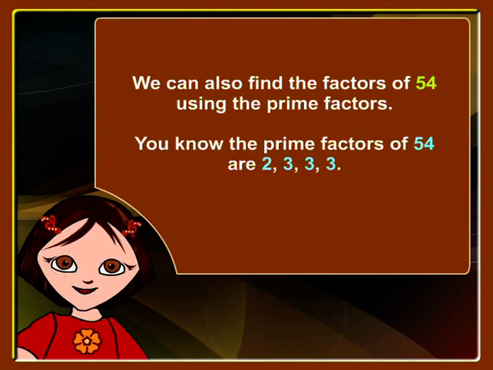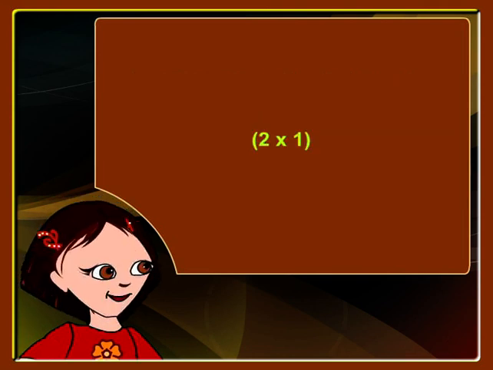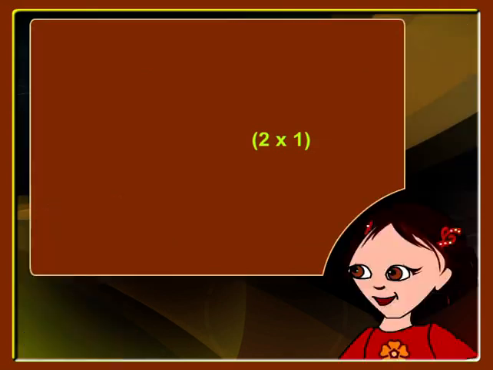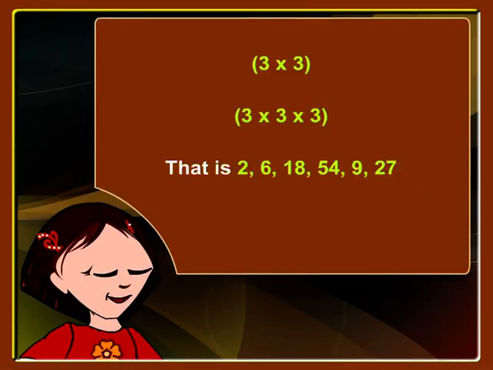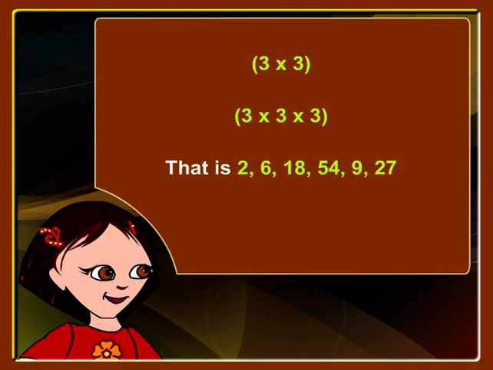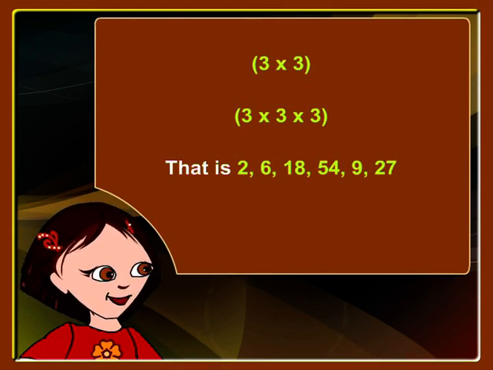We multiply the prime factors amongst themselves in this manner. 2 multiplied by 1, 2 multiplied by 3, 2 multiplied by 3 multiplied by 3, 2 multiplied by 3 multiplied by 3 multiplied by 3, 3 multiplied by 3, 3 multiplied by 3 multiplied by 3. That is 2, 6, 18, 54, 9, 27.